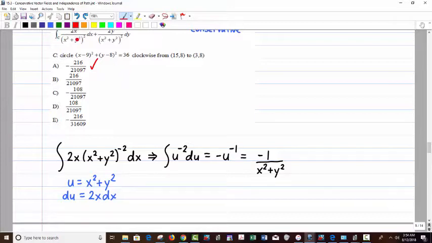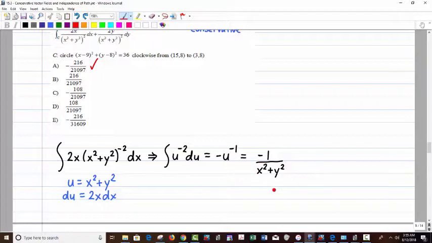So I brought this bottom part up, and it's just a u substitution. We have to adjust for the 2 here. I didn't actually show it, but there's a 2 here. Well, the 2x can represent all that anyway. Or if I pulled the 2 out, I would have had a 1/2 from here, and the 2 would have killed the 1/2. So all we have is u to the negative 2 du, negative u to the negative 1.